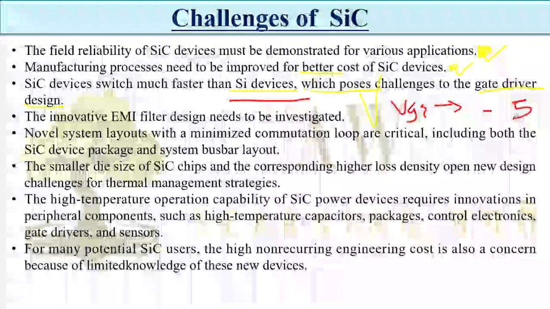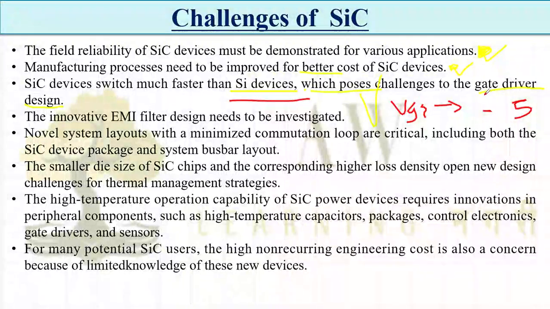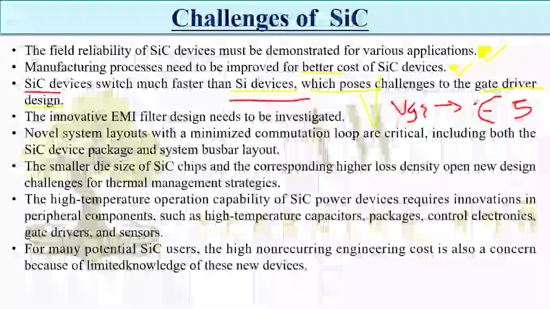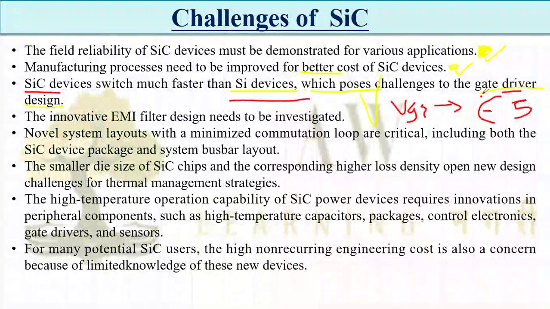So you can think that in the gate driver, we need to provide a negative supply voltage when we have to turn on silicon carbide devices, right? So negative VGS is required when we go for silicon carbide. This is another thing. But we don't have gate drivers available like this, right?